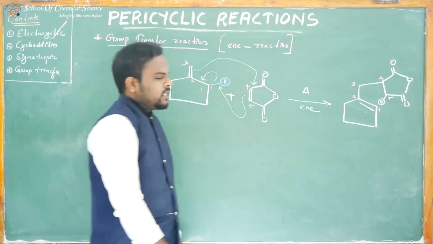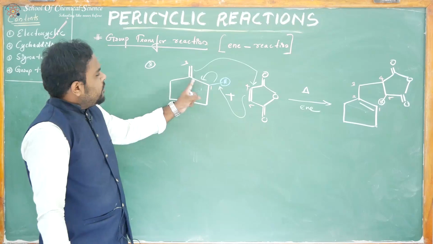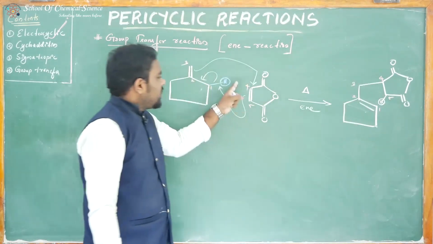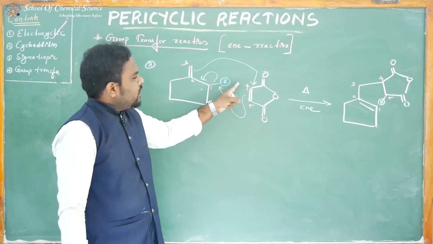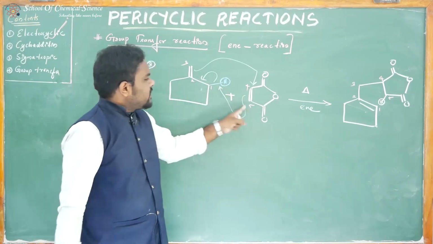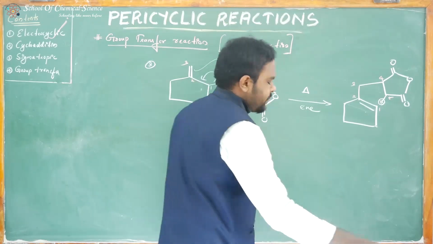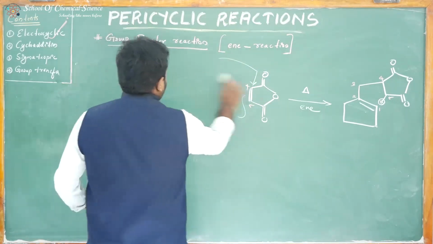Please give the number: 1, 2, 3, 4, 5. Between 1 and 2 a pi bond is there. 3 is connected to 4 and 5. The hydrogen at the first carbon is transferred to the fifth carbon. Okay. Fourth example.